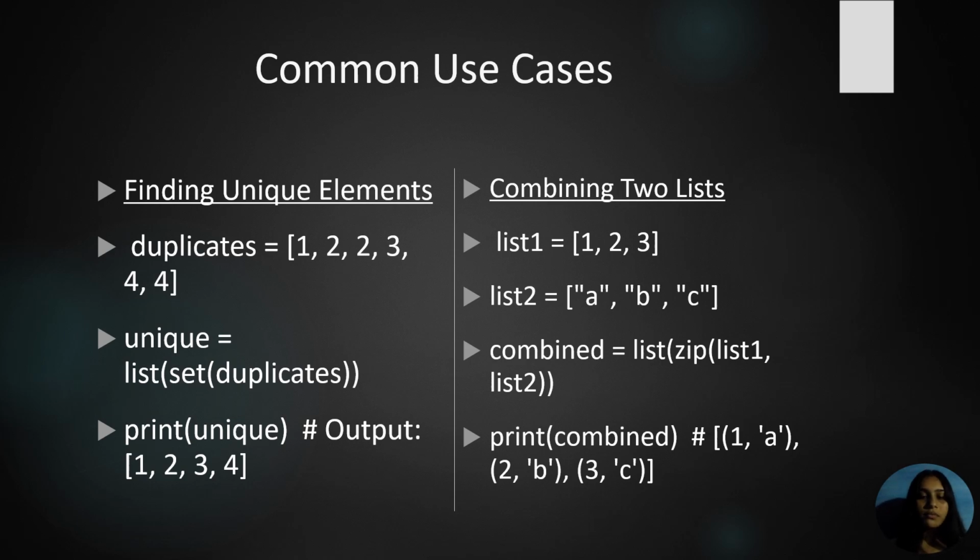So in the combined list we have 1 and A, then the second element 2 and B, and the third element 3 and C. So the output will be 1A, 2B and 3C.